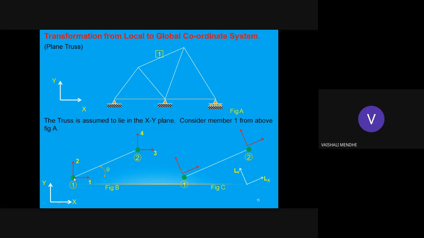I considered this the starting node, because every member will have its two nodes, a starting node and an ending node.